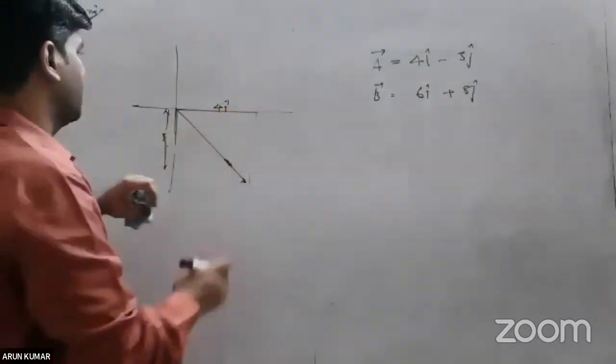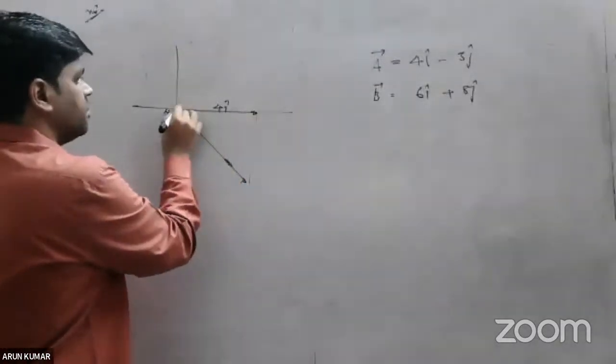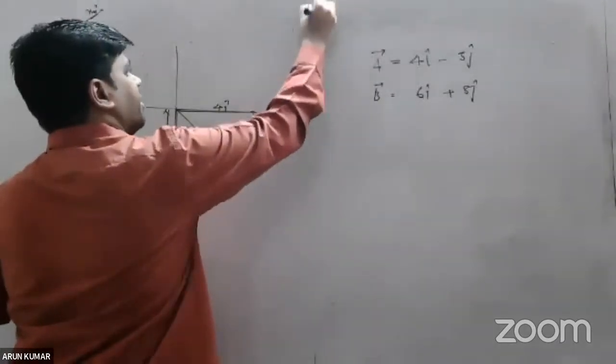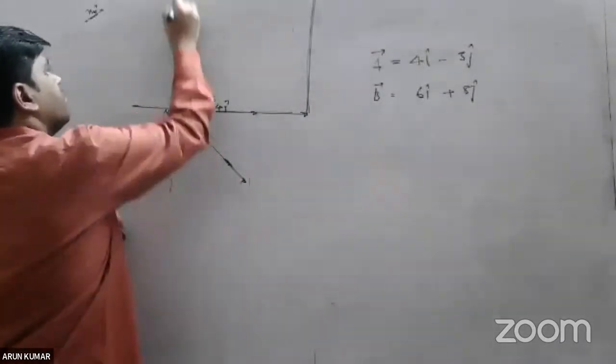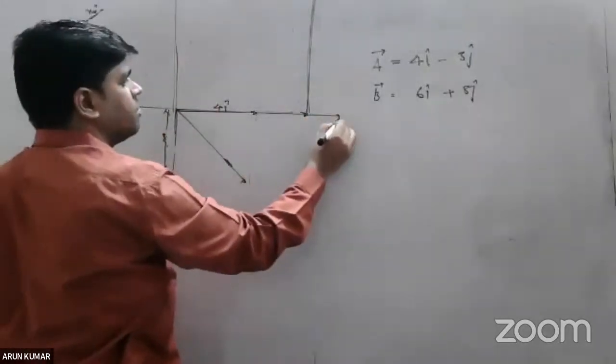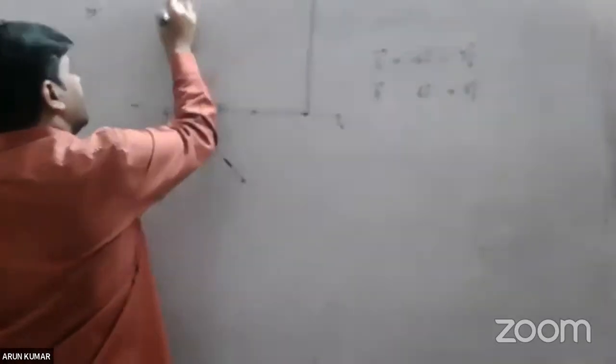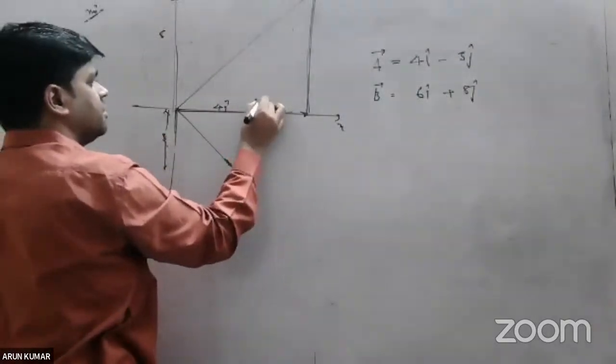And 6i cap plus 8j cap is another vector. This is 8 and this is 6.